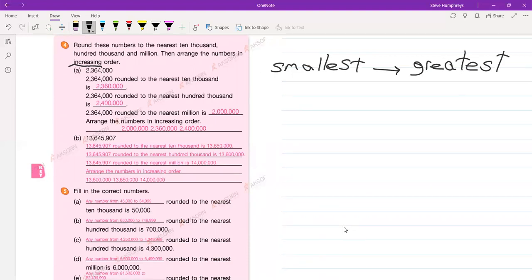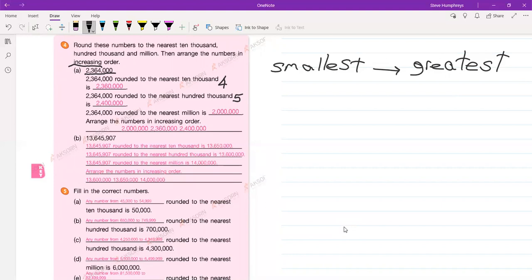So, they give you a number, 2,364,000. Round it to the nearest 10,000. Look at the last 4 digits. Same number, round it to the nearest 100,000, 5 digits.